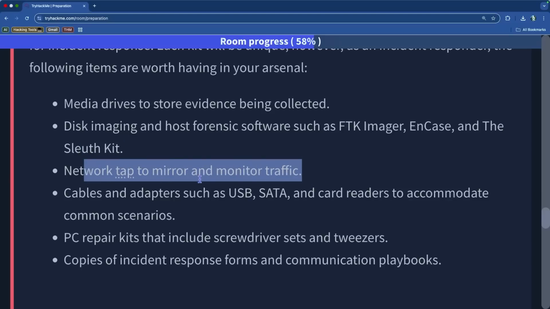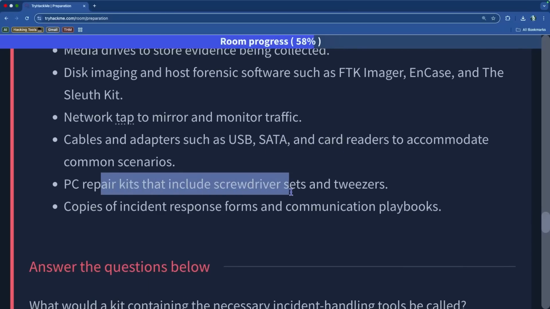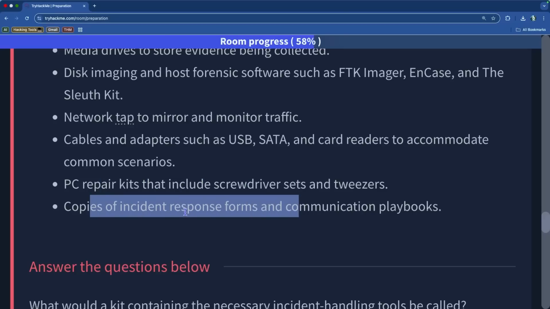Network tap to mirror and monitor traffic, cables and adapters like USB, SATA, card readers to accommodate common scenarios, and PC repair kits that include screwdrivers and tweezers and things like that. Copies of incident response forms and the chain of custody and things like that.